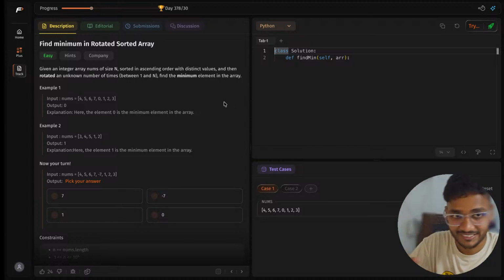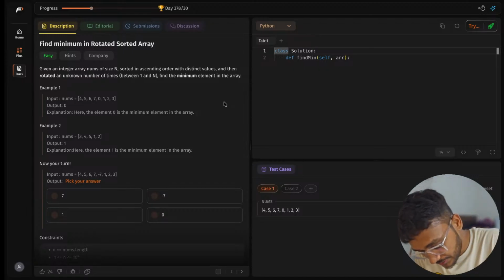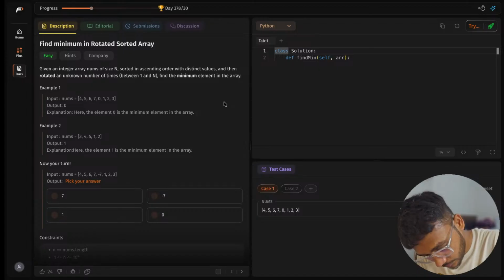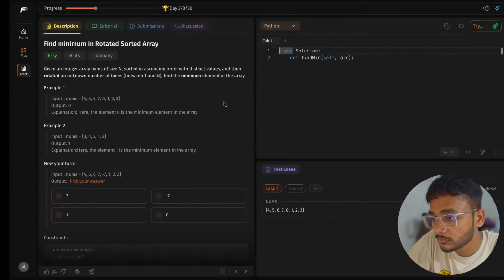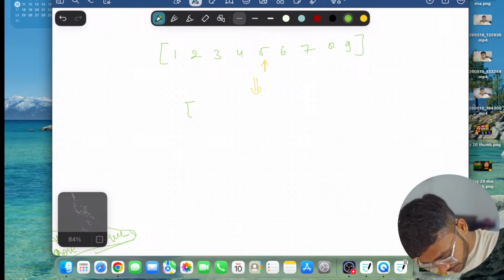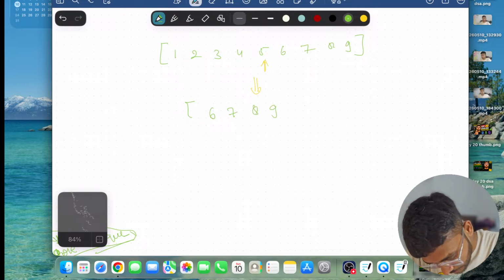Let me see. First, if we are rotating it more than once, let's say we have numbers like 1, 2, 3, 4, 5, 6, 7, 8, 9, and we rotated it at this point. So we can say we have 6 here, and now the numbers will look like this: 6, 7, 8, 9, and 1, 2, 3, 4, 5.